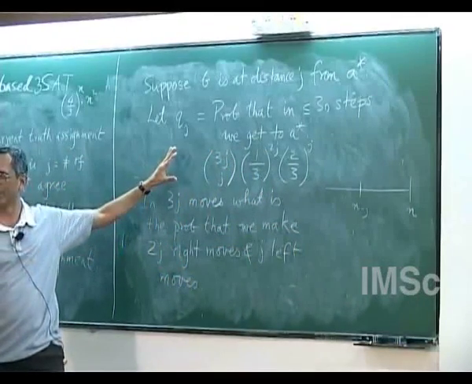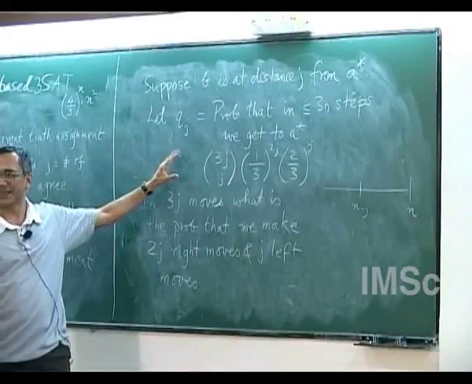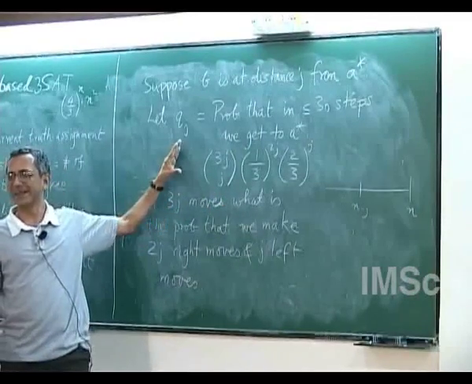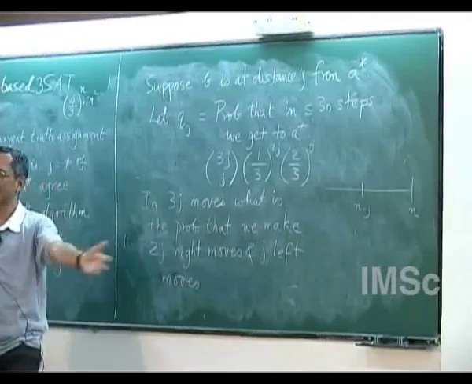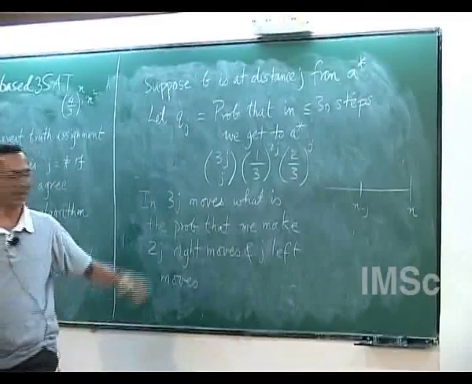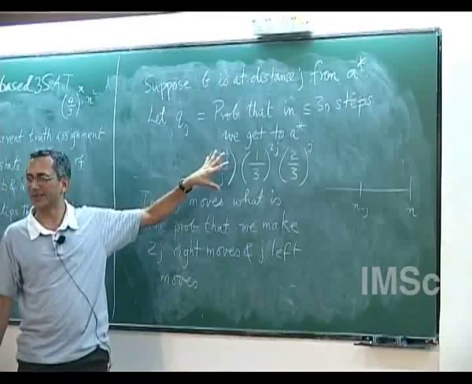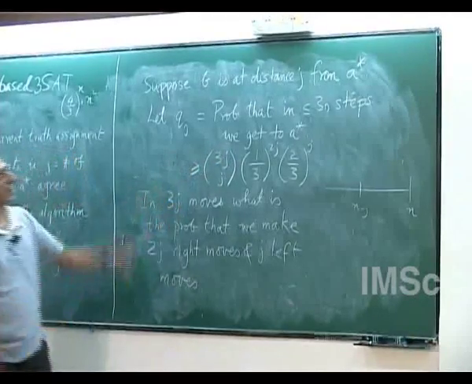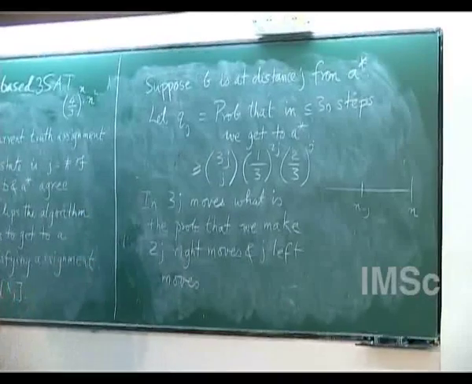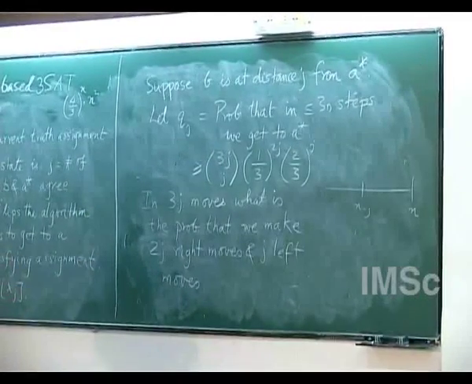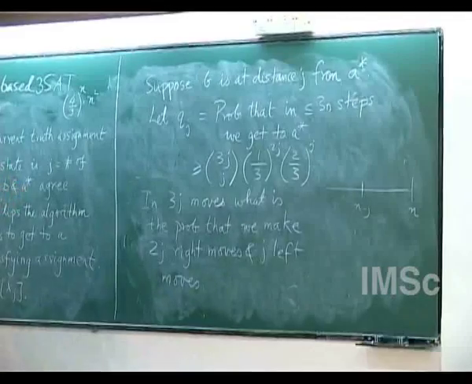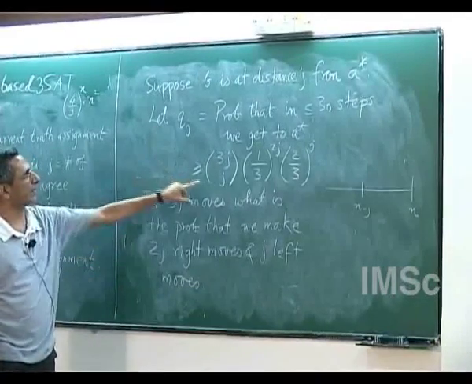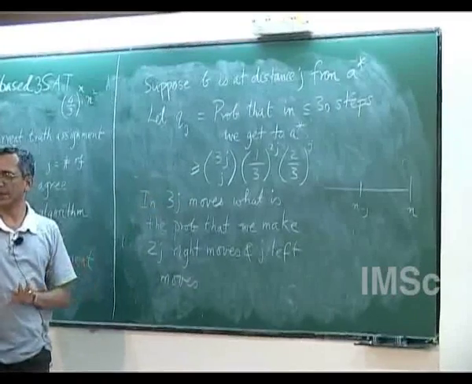I want to stress that in the experiment, you won't actually make all the 3j moves, some of them will abort. This is still the right probability calculation as a lower bound. It's only a lower bound because you have 3n steps in all, and this is one good way of getting to the right boundary. So Qj can be lower bounded by this.